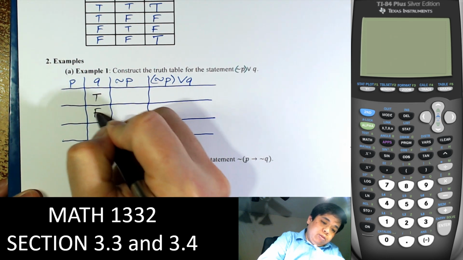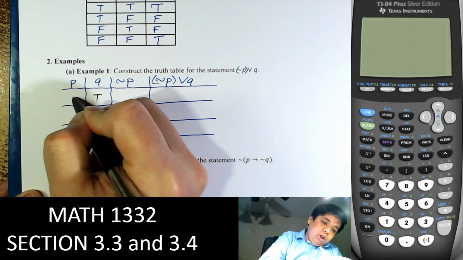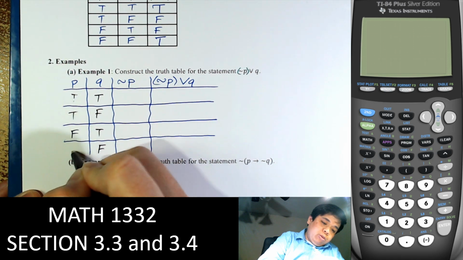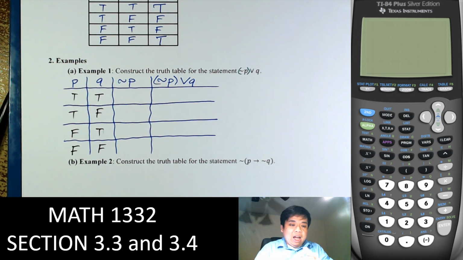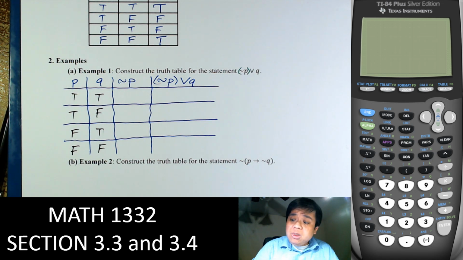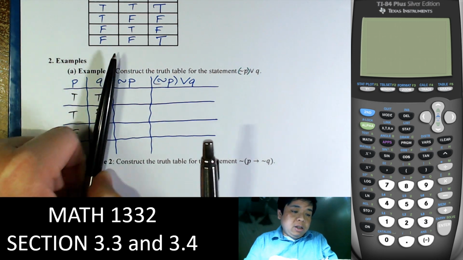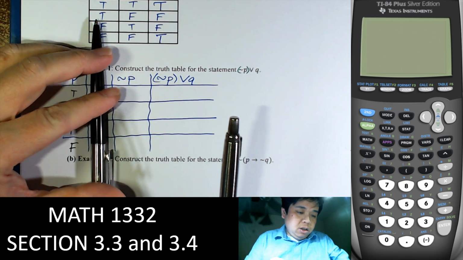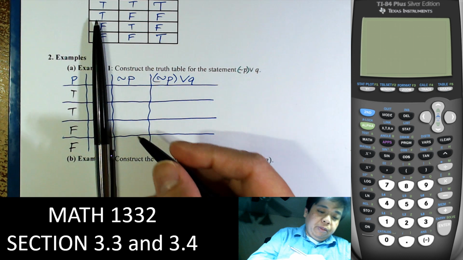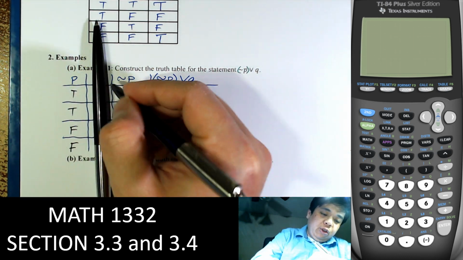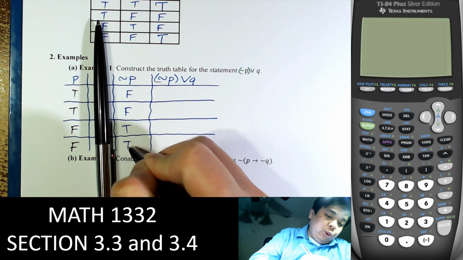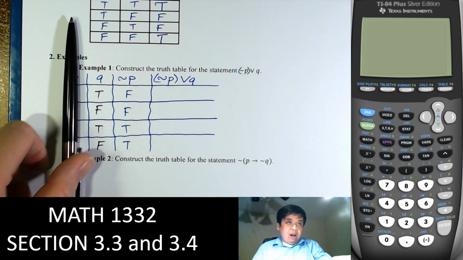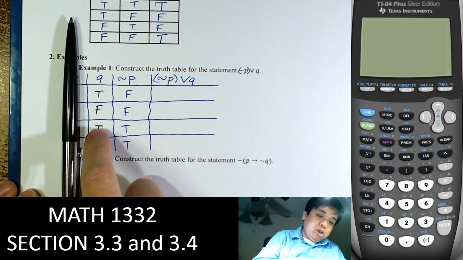Now we list all the scenarios: true, false, true, false, true, true, false, false. If we list them like this, there will be no overlapping between the cases. Now, not P means opposite to this. So if we have true, the opposite will be false, false, true, and true. Finally, we have the relation between these two columns.